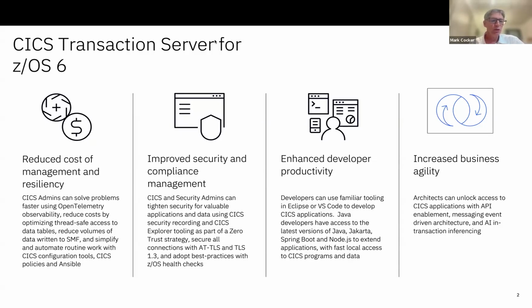Obviously, today we're going to be talking about open telemetry, but we've been doing a lot around optimizing how applications can be thread safe in CICS to access things like data tables and so on, and do that simultaneously to take advantage of these more powerful Z boxes with more processing power, more chips available to run simultaneous workloads.